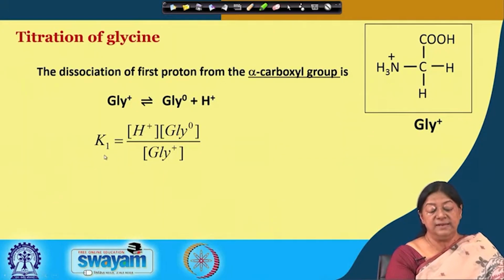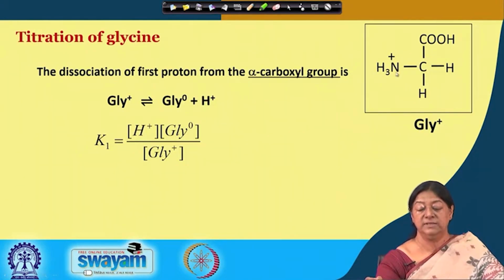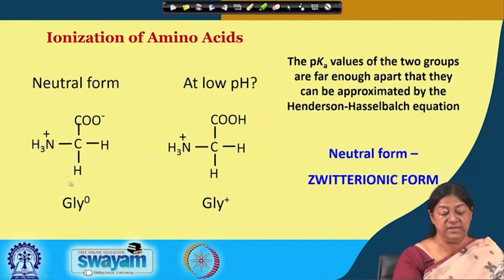This means that associated with this specific pKa value, if we call this K1, the equilibrium would be H plus Gly0. What do we mean by Gly0? It is COO minus NH3 plus, just like we had in the previous slide. So, this is Gly0, which means that it does not have any charge, it is a neutral form.